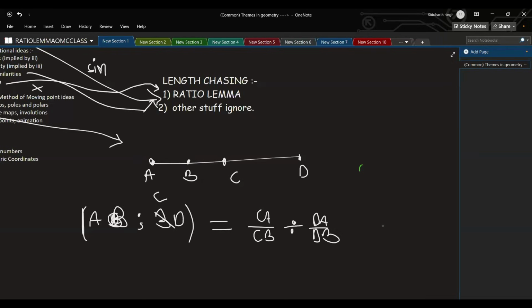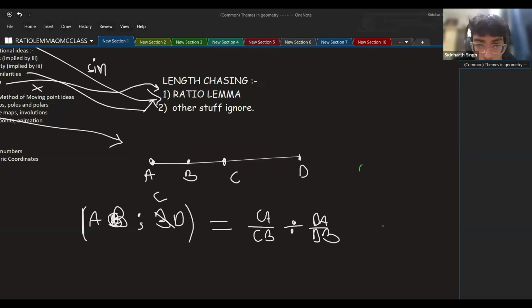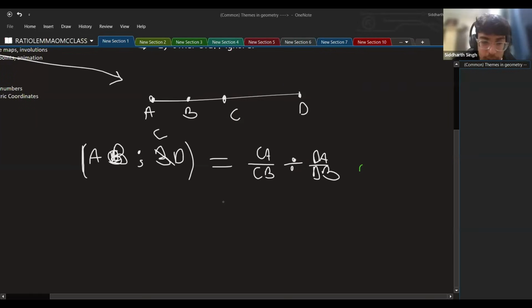This is crazy, so many messages. I think it is ratio and point which is relevant. f of C and f of D. Yes, exactly. This is f of C over f of D.